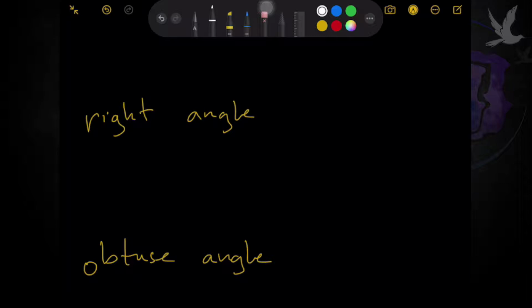So a right angle looks like an L. And usually right angles have this tiny square here. They can be in any position. They can look like this as long as they look like an L and have this tiny square over there.